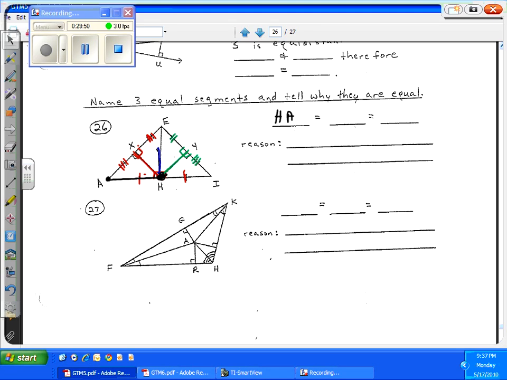So HA is equal to HE, which is equal to HI, because the perpendicular bisectors of the sides of a triangle intersect at a point equidistant from the vertices of the triangle.